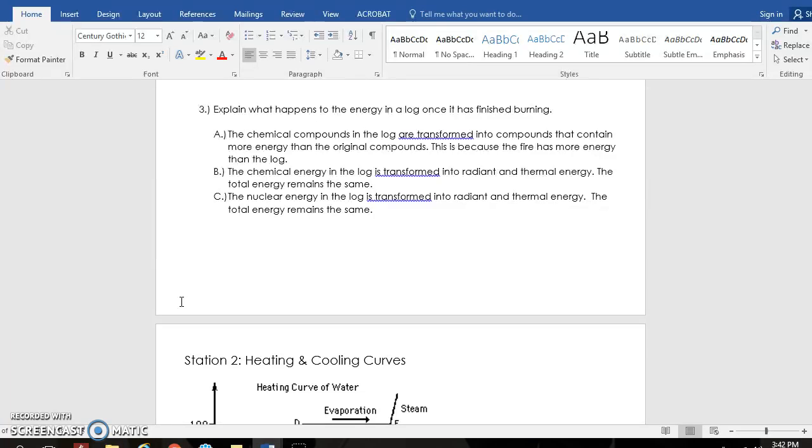Well, yes, we get light when there's a fire, and then we get heat. So B looks correct, but let's check C. The nuclear energy in the log. Nope. The only time we are going to see nuclear energy is with a nuclear power plant. That's the only form that we will see it in. So B, chemical energy in the log is transformed, and the total energy remains the same, is correct.